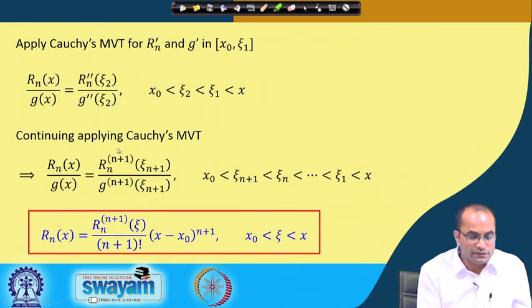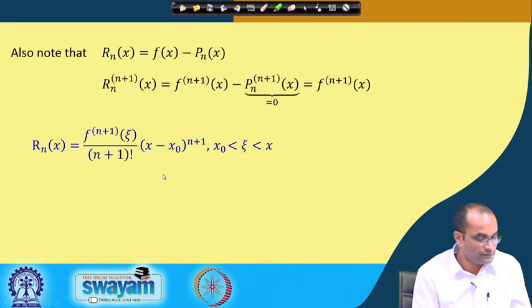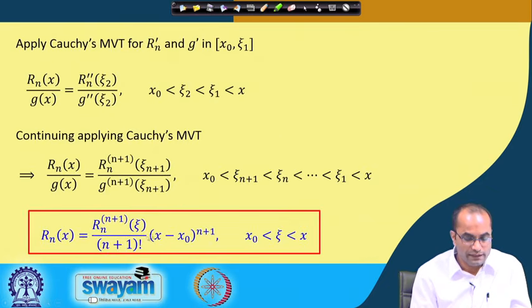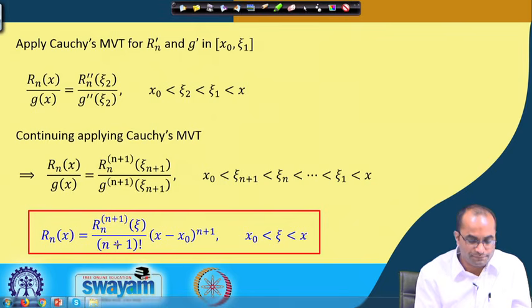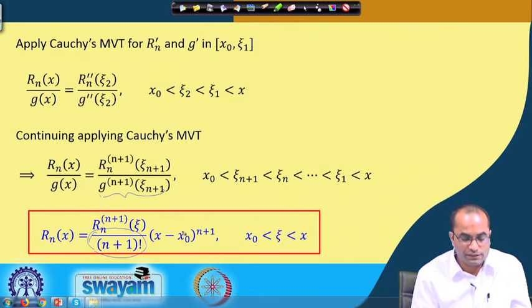R_n(x) is equal to the (n+1)th derivative of R_n divided by the (n+1)th derivative of g, which was factorial (n+1). So this factorial (n+1) term came here, and then we have g(x), which was the function (x minus x_0) to the power n+1, and this xi, which is introduced here as xi_(n+1), we have now replaced just by xi.